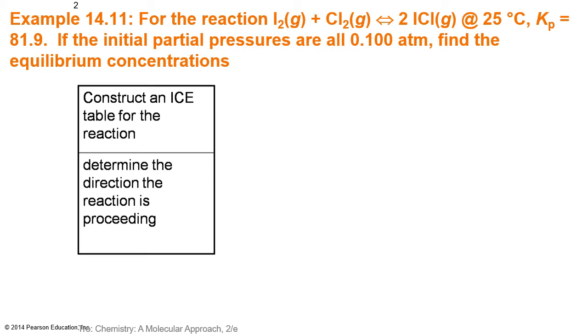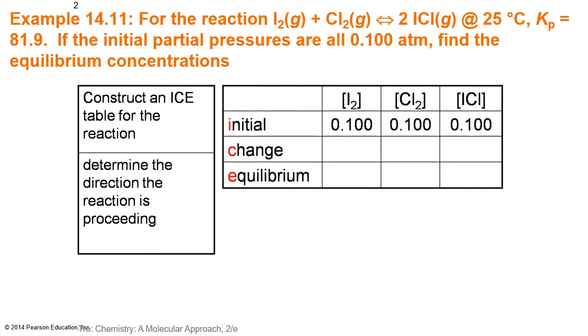If we have the reaction of iodine and chlorine producing 2ICl, we're told that the initial partial pressures for both reactants and the product are 0.1 atmospheres, and we want to find the equilibrium concentrations. We're going to set up an ICE table.